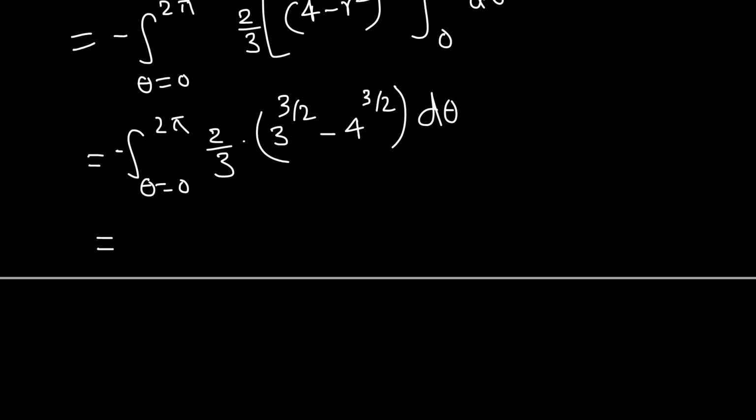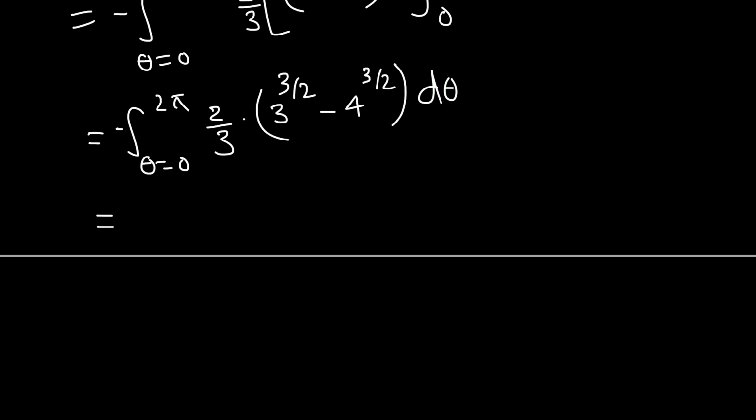There is no theta left, so we can pull it all the way outside. This is negative 2/3 outside. If I switch and write 4 raised to 3/2 minus 3 raised to 3/2, I get negative 1, and that negative takes care of this negative.